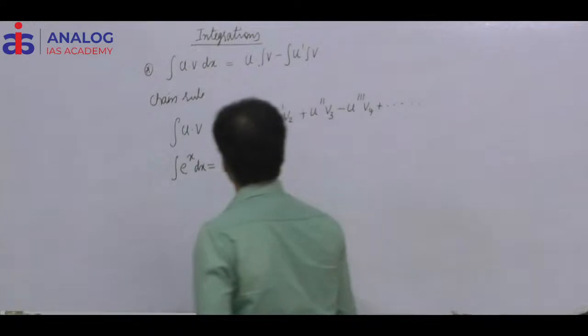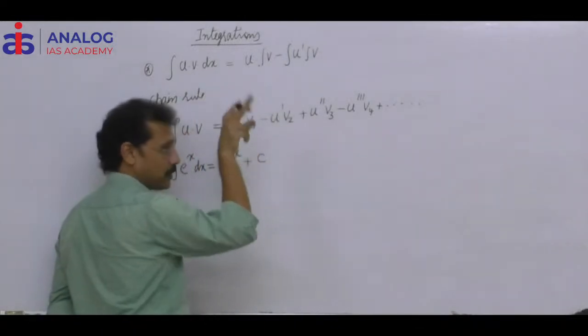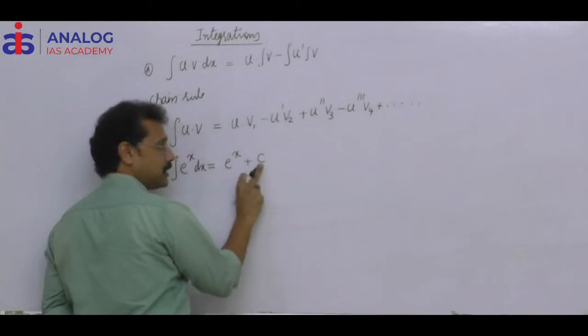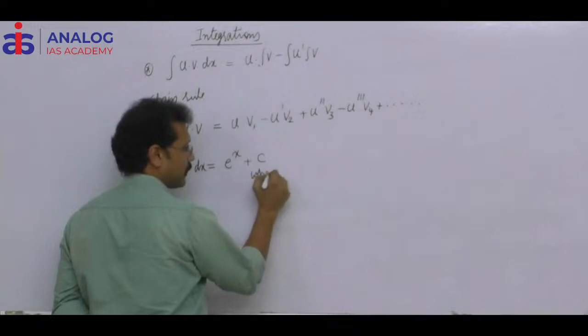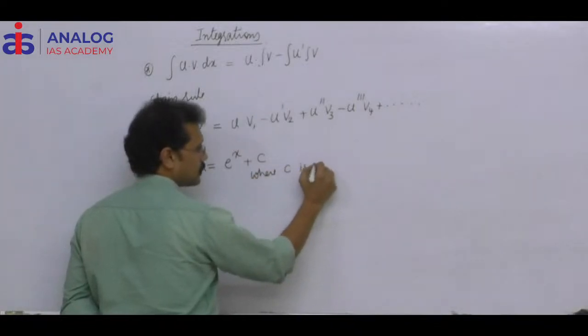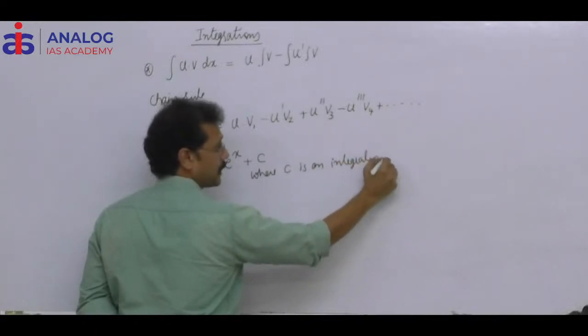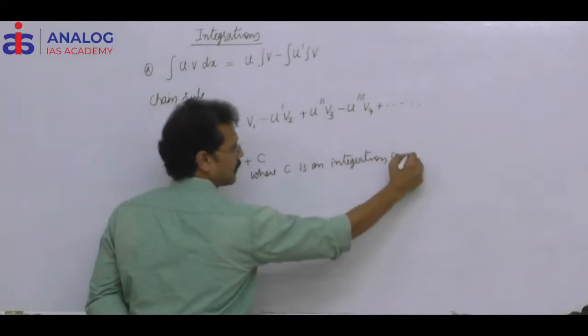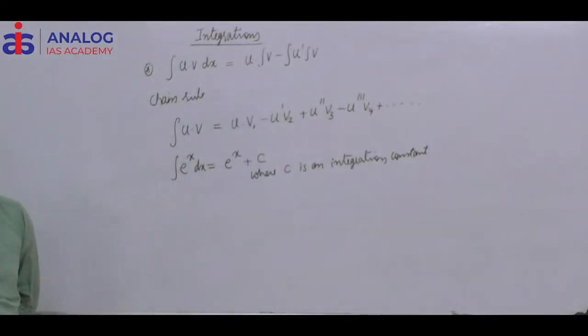And whenever you do this in the final exam, in your answer, since you introduced a new term C, you have to mention where C is an integration constant. You have to write this in your answers, because it's a descriptive answer style, right?